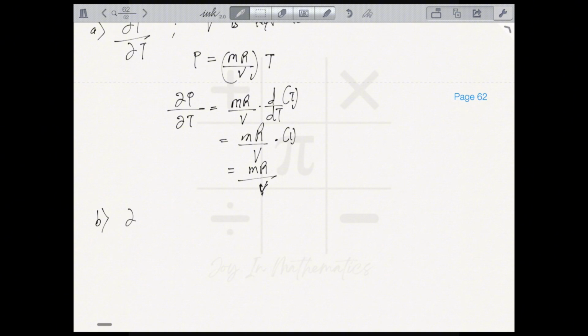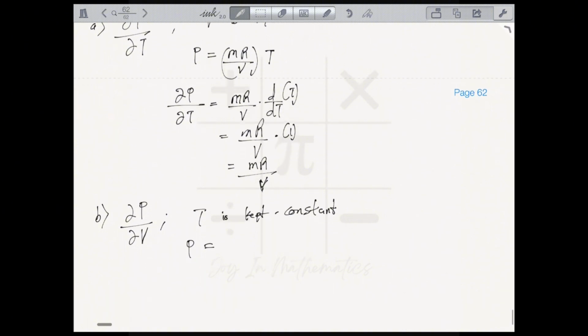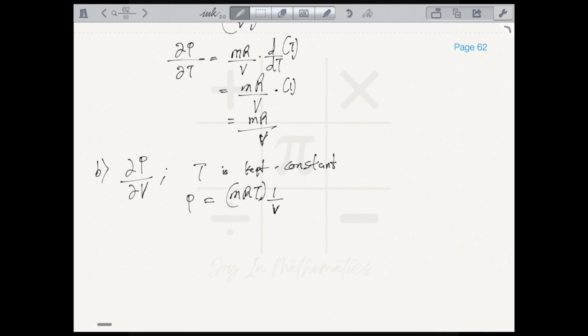Now for our partial derivative of P with respect to V, that means we are keeping temperature constant. Therefore, we can write our expression of P putting temperature as constant. We have mRT multiplied by 1 over V. And we can rewrite this as mRT times V raised to power minus 1.